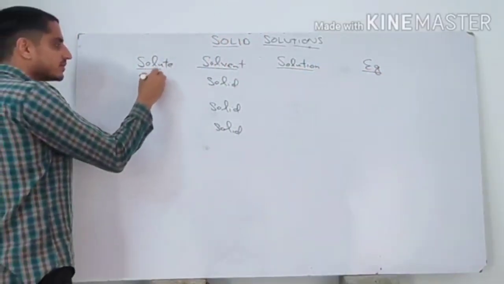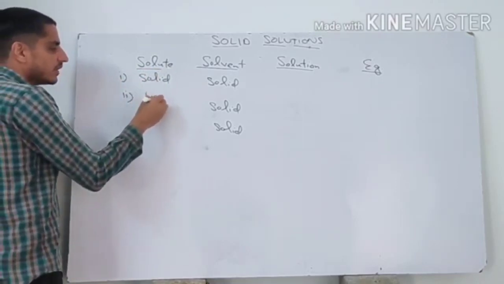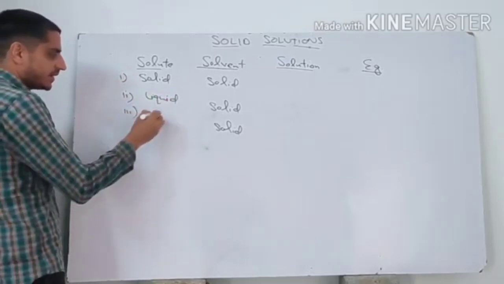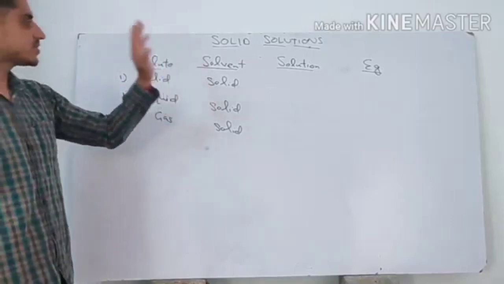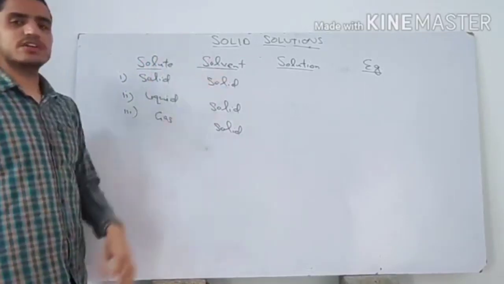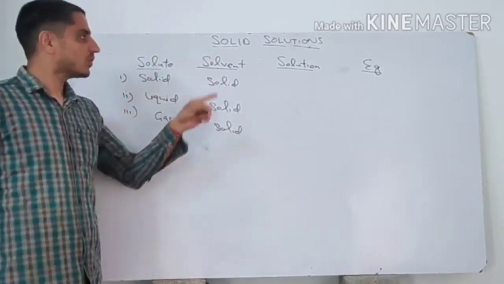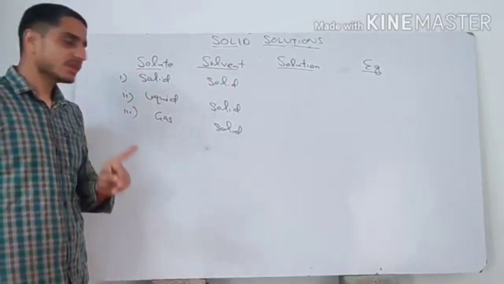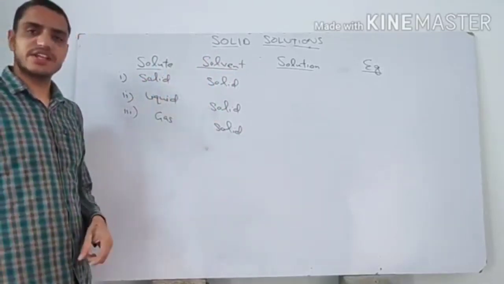Solute can be solid, first case, can be liquid, second type, and third can be gas. So when solid plus solid, solute is also solid, solvent is also solid, they will combine together. So what would be the phase of solution, or you can say what would be the physical state of solution? Solute will lose its state and solvent will retain its state.